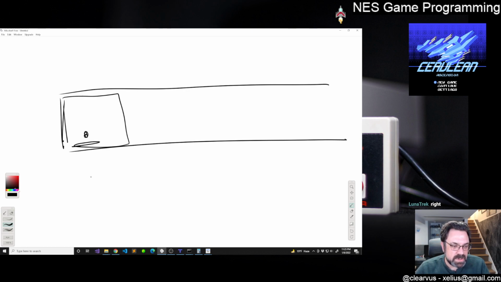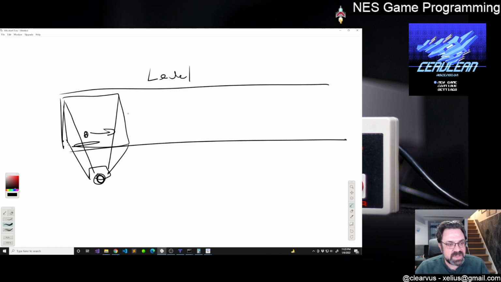So here's my camera, and it's focused on this section of the level. Then as the player moves, we could just let the player go off screen, but that's no good because then you can't see what you're doing. So what you have to do is move the camera.